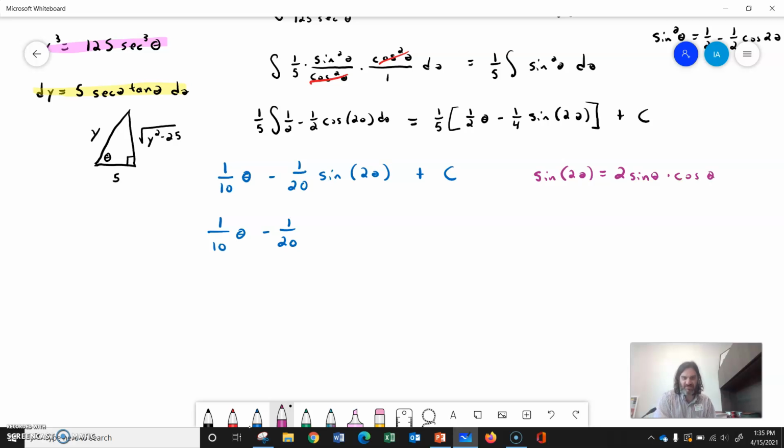That's a trig property we've used in the past. So we'll rewrite that. So this is 1/20 times 2 sine theta times cosine theta plus c.